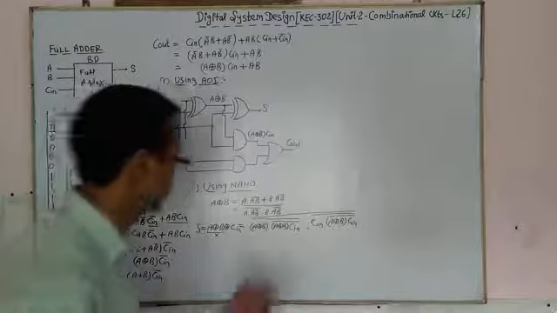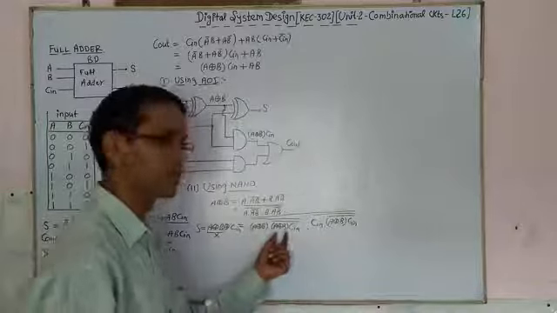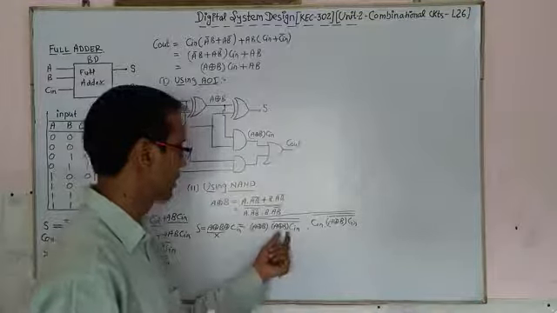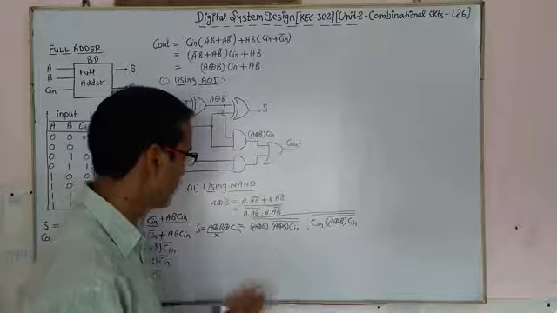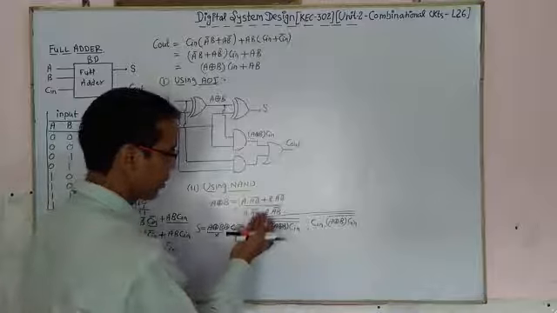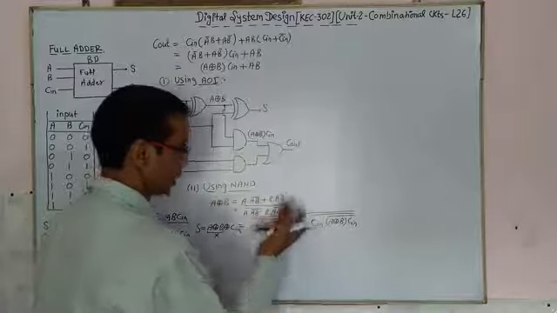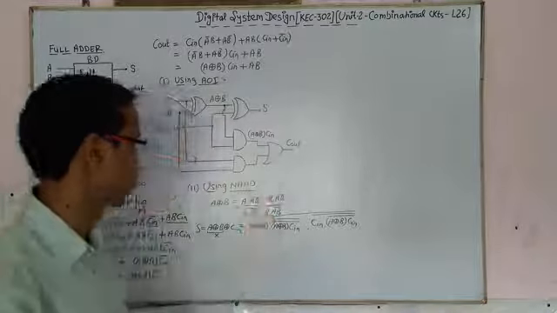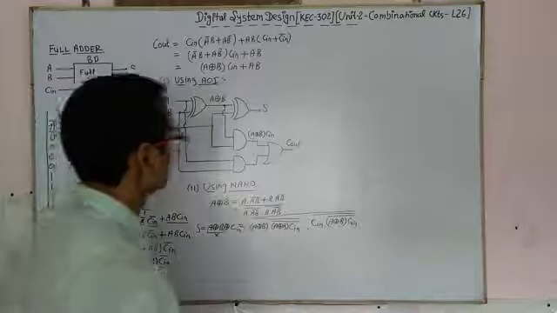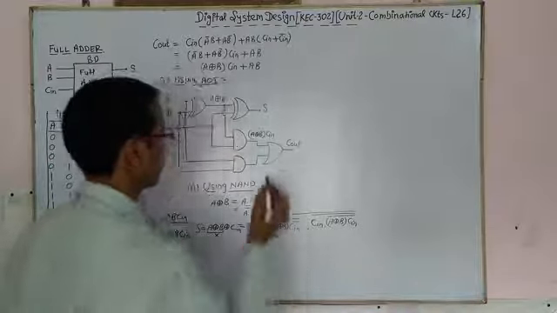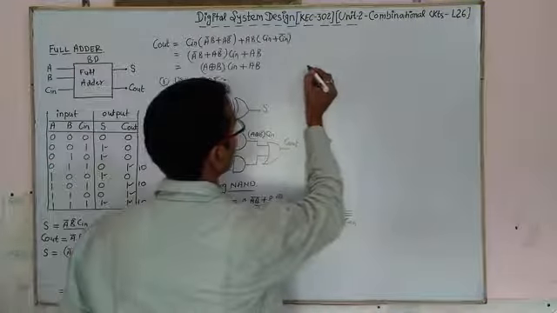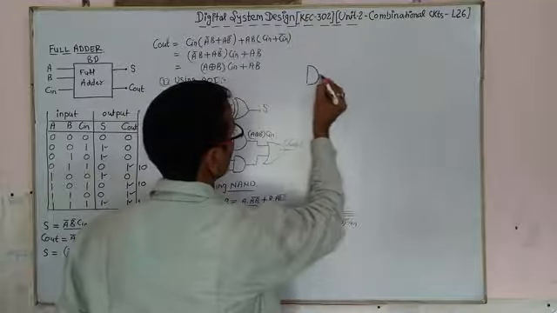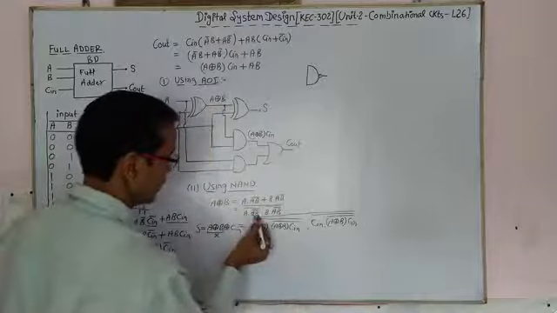So now first of all we have to implement this A XOR B. We will design this A XOR B. For this A XOR B we already have A into (A B bar) dot B into (A B bar). So first of all we have to find out A B bar. Here you have this NAND gate with inputs A and B, and you are getting A B bar.